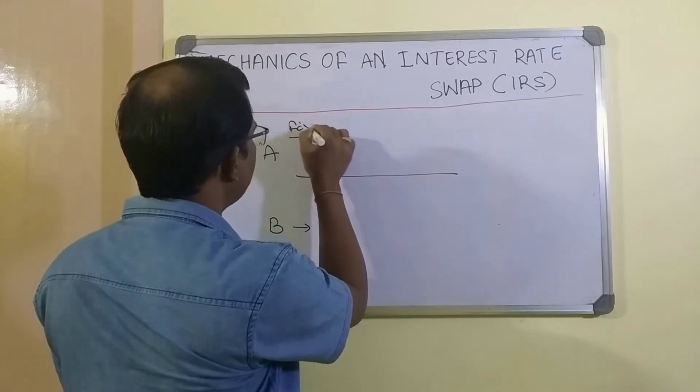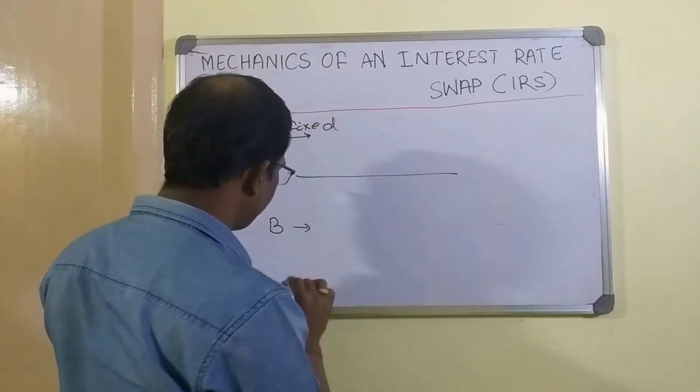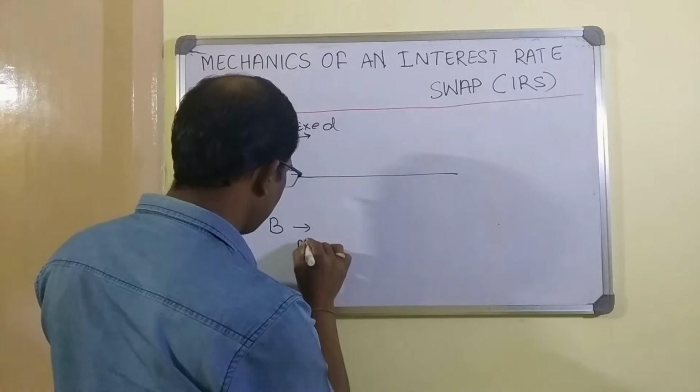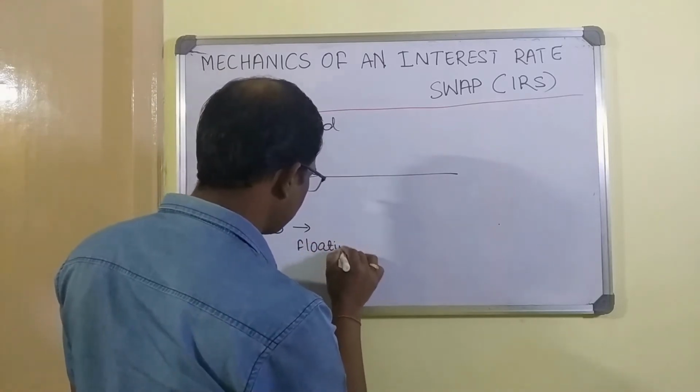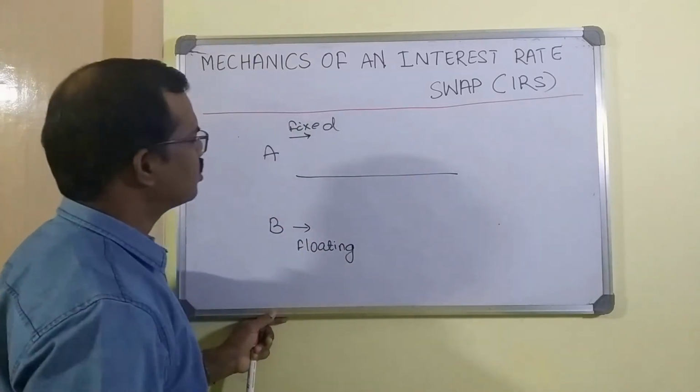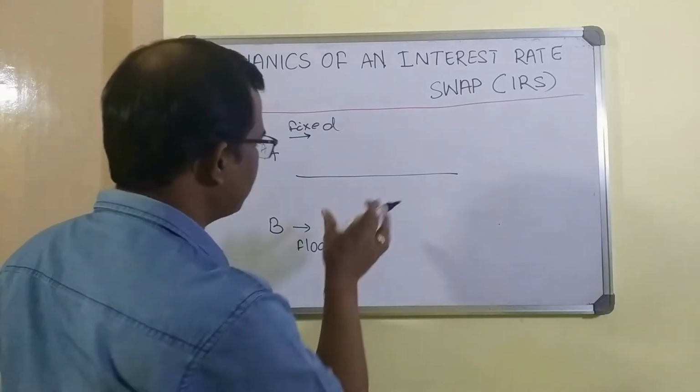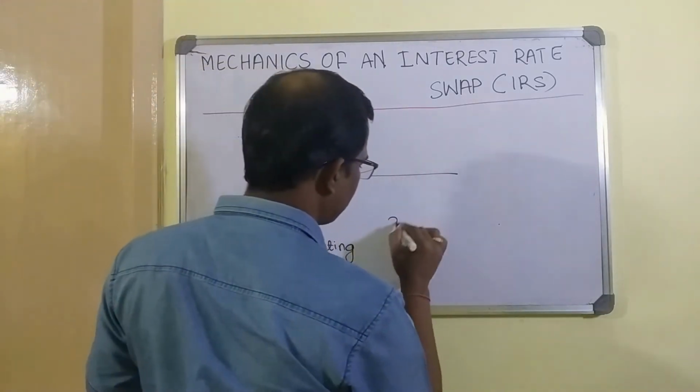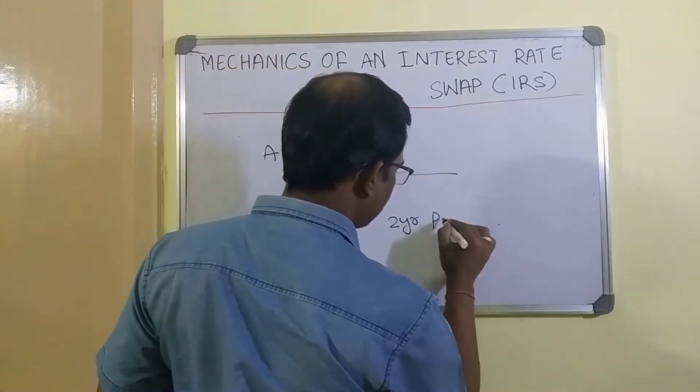In this case, let me say that A is paying fixed and B is paying floating. And this is a 2-year period.